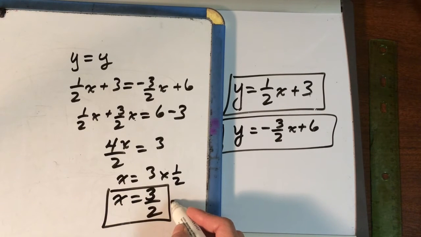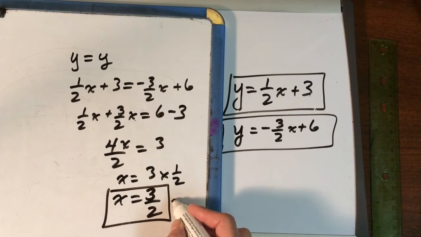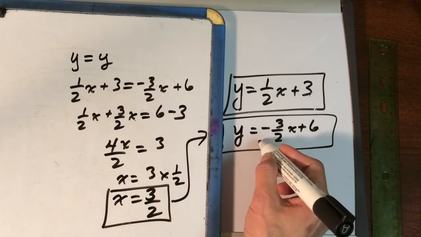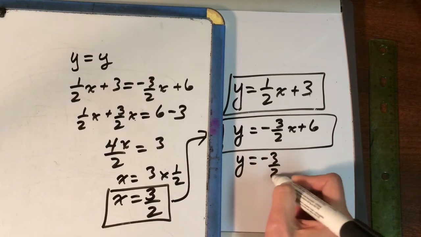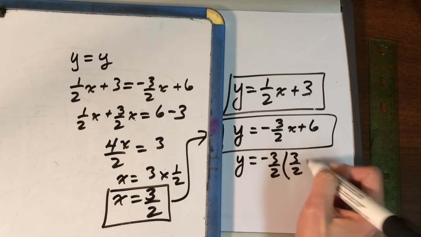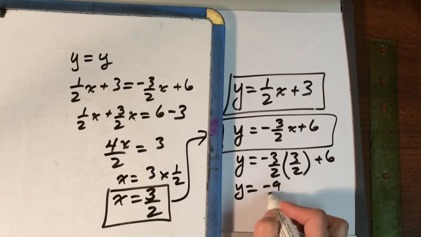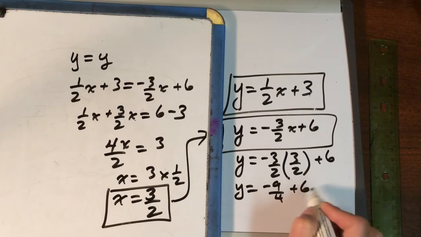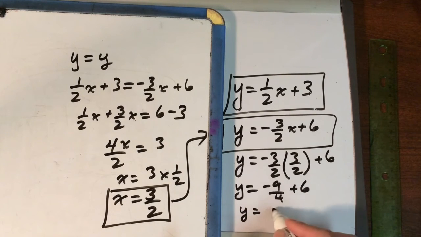And now I can just plug this into either one of these. And so I can just plug it into this one here. So y is equal to negative 3 over 2 times 3 over 2 plus 6. y is equal to negative 9 over 4 plus 6. And so what we want to do now is find our common denominator, 9 over 4.